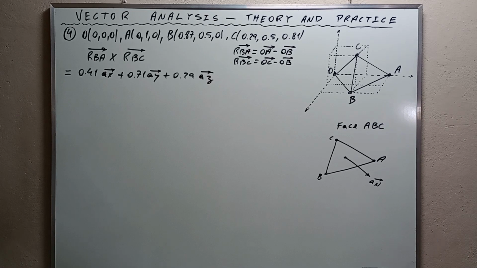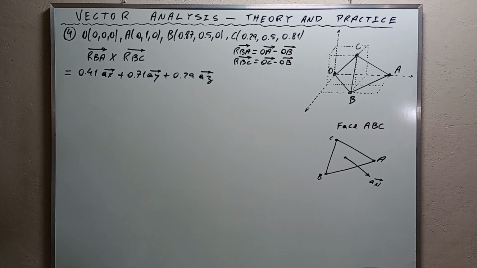Remember that AX in a cross product with AX is 0, because the sine of the angle between them is 0 degrees and the sine of 0 degrees is 0. Similarly, AY in a cross product with AY and AZ in a cross product with AZ also produce 0.